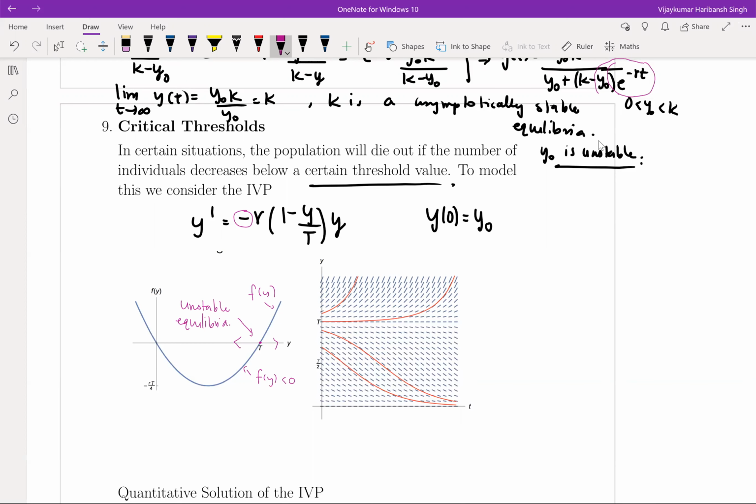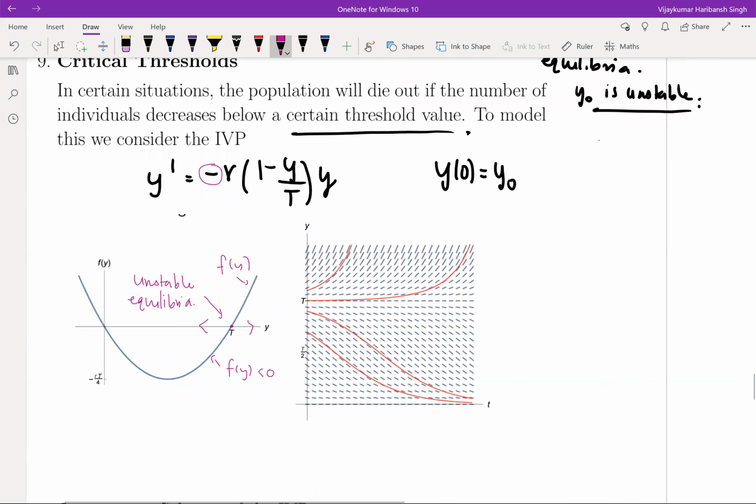Now if you want to look at the phase line and integral curves, you will notice the following. This is your equilibrium. Even though it's unstable, it's an equilibrium. If your y0 is greater than T, then the starting point of the curve will be here, and in that case y increases exponentially or without bounds.